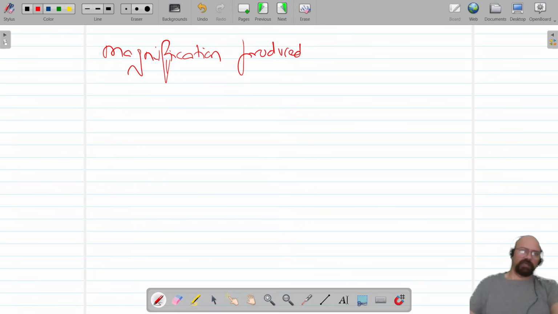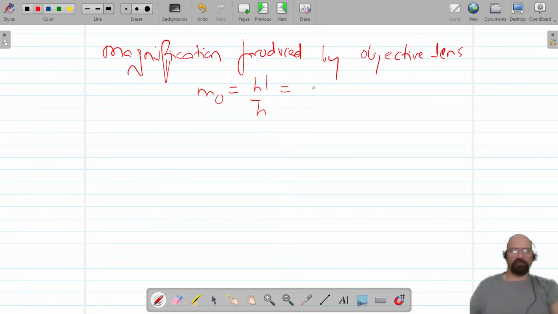This is the magnification produced by objective lens. That is, my m naught is equal to h dash by h is equal to L, L is the length of the tube, upon the focal length of it.